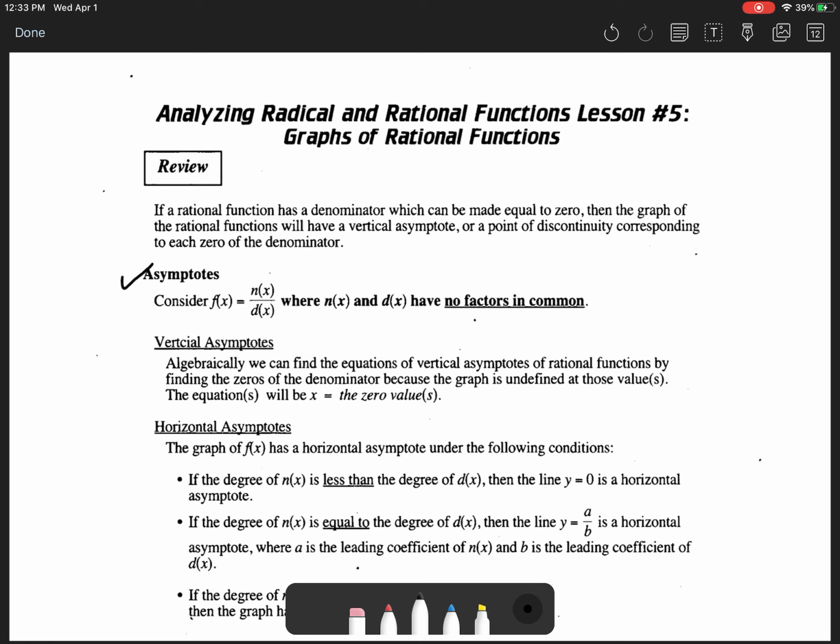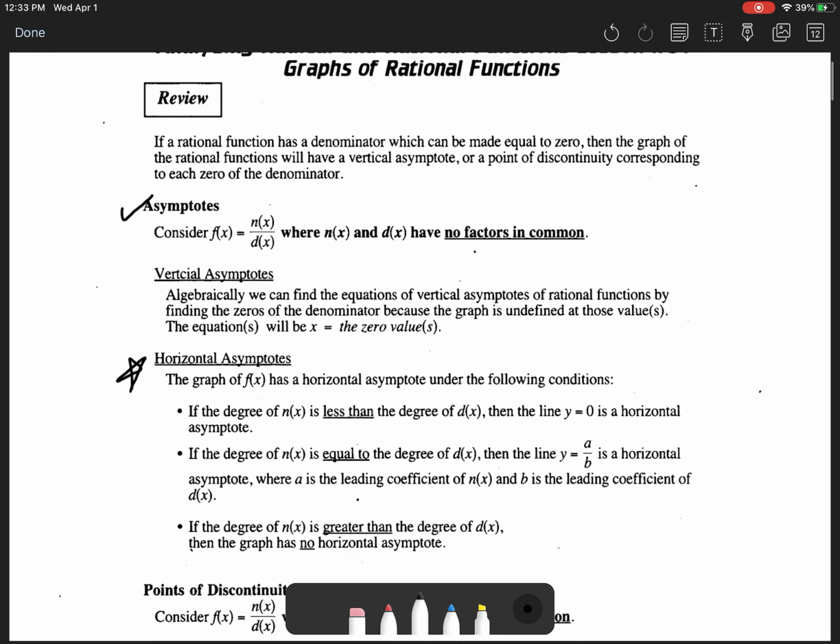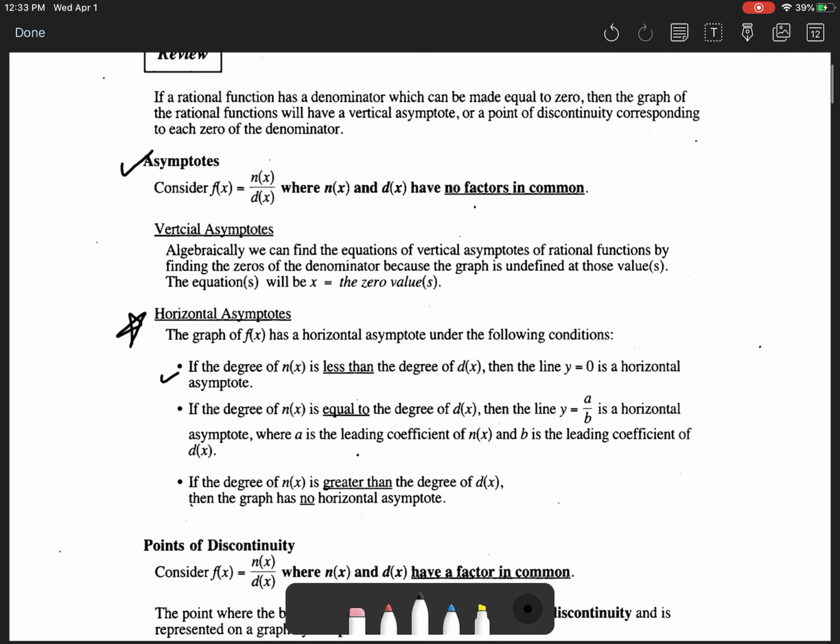Now we're comparing basically the degrees of the numerator and the denominator when we are talking about the horizontal asymptotes. These 3 points that you see here, 1, 2, 3, were brought up about 2 lessons ago, comparing the degree of the numerator and the denominator. If the degree of the numerator is less than the degree of the denominator, y equals 0 will be your horizontal asymptote.